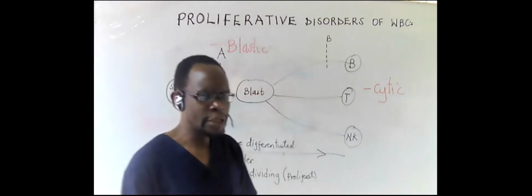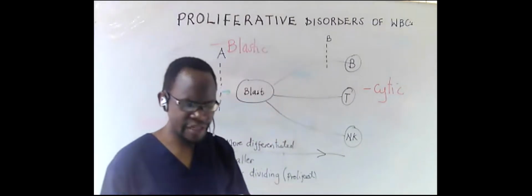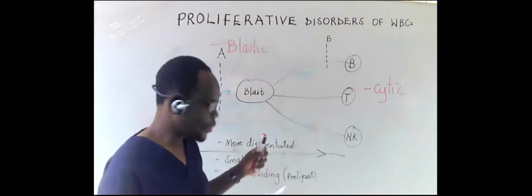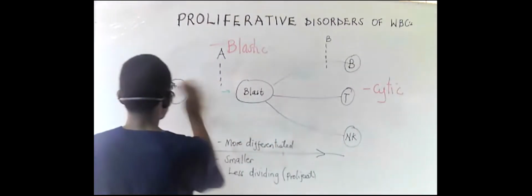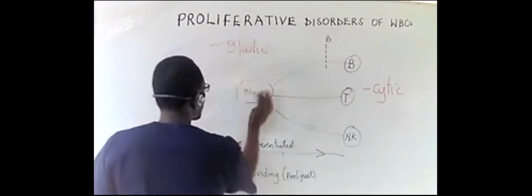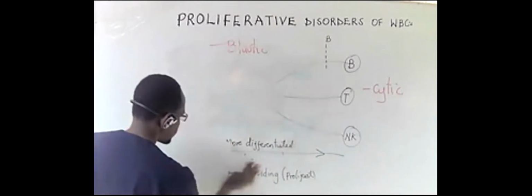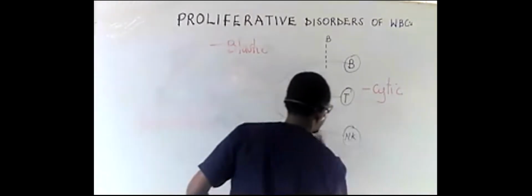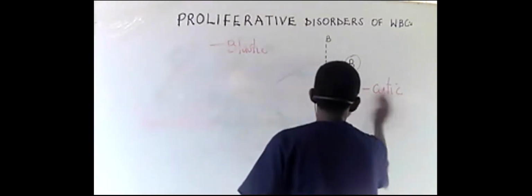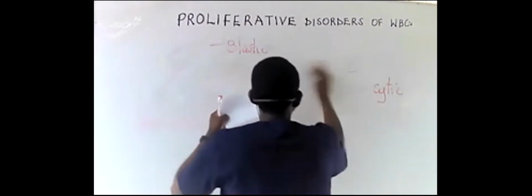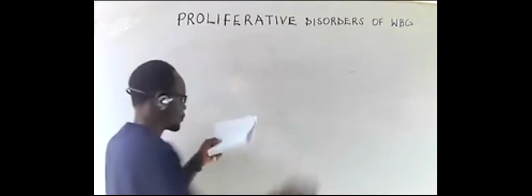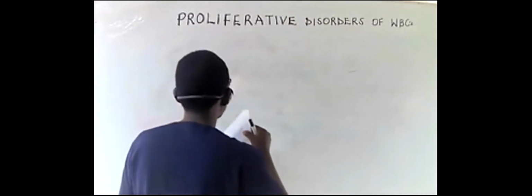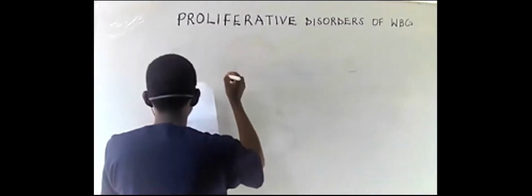Now, according to the WHO classification of leukemias, we are going to note that they are basically divided into what we call the lymphoid, and the myeloid.